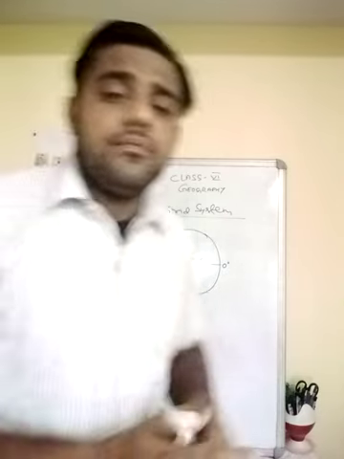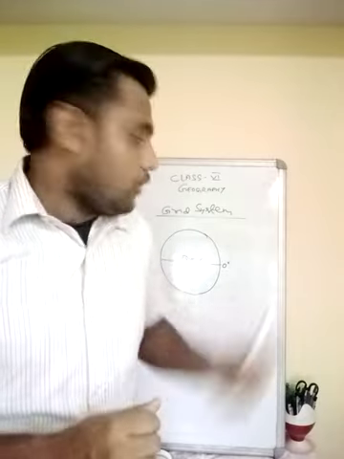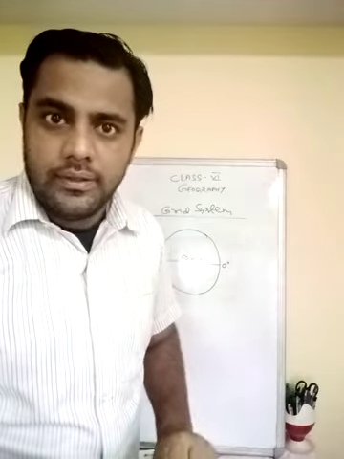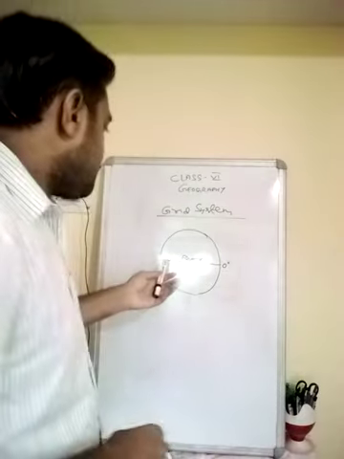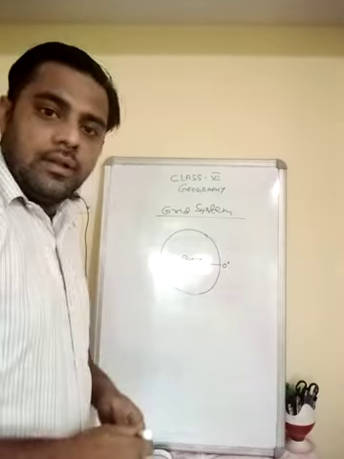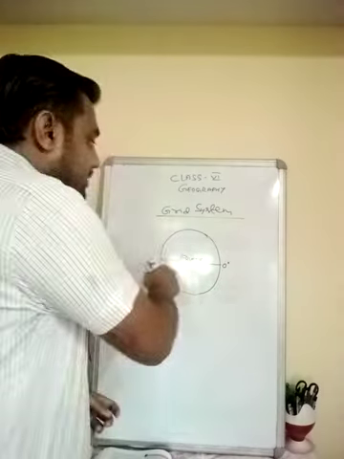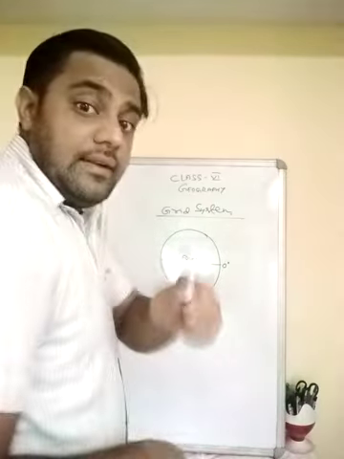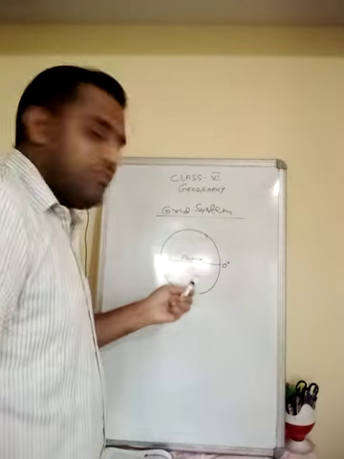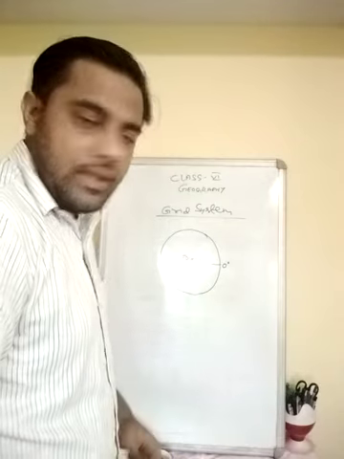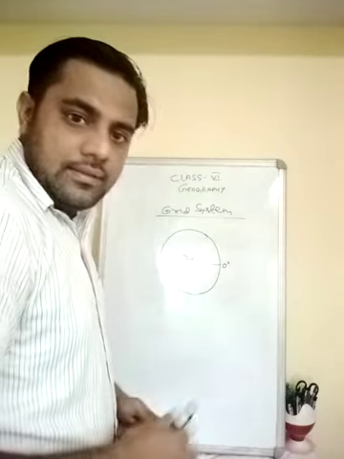Now there are many latitudes, but we'll talk about a few of the important ones only here. Alright. Now children, equator, the 0 degree latitude, passes right through the middle of the Earth and divides the Earth into northern hemisphere and southern hemisphere.